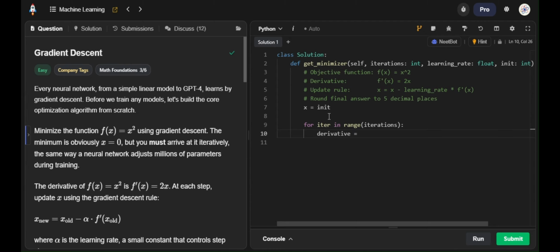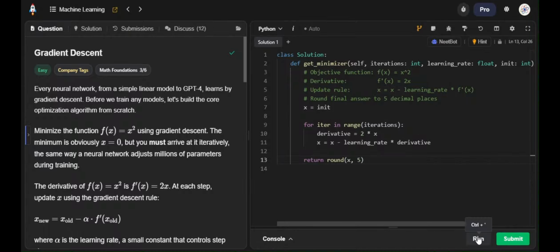So derivative is equal to 2 times x. After that we will implement the update rule. So x, the new x, is equal to the old x minus the learning rate, which is passed into the function parameter, times the derivative. And after that we will return x rounded to 5 decimal places.